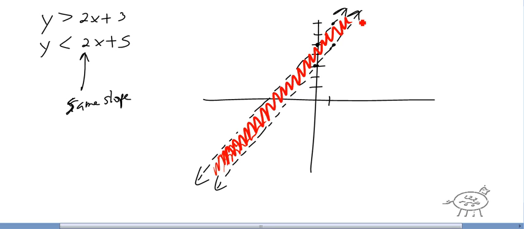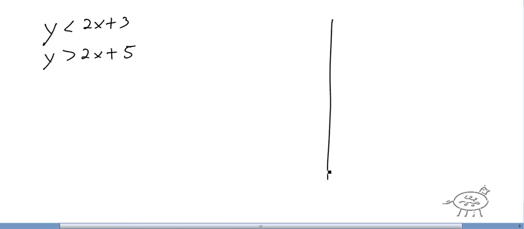Let's just look at what happens if I change this a little bit. Same problem, except I'm going to switch around the inequalities. So y is less than 2x plus 3, and y is greater than 2x plus 5. So if I graph it, 1, 2, 3, so same thing.